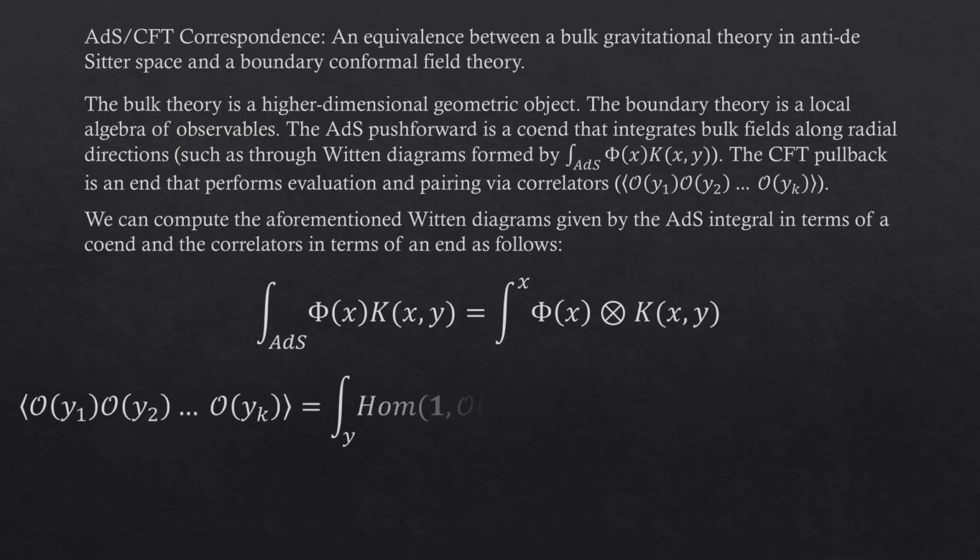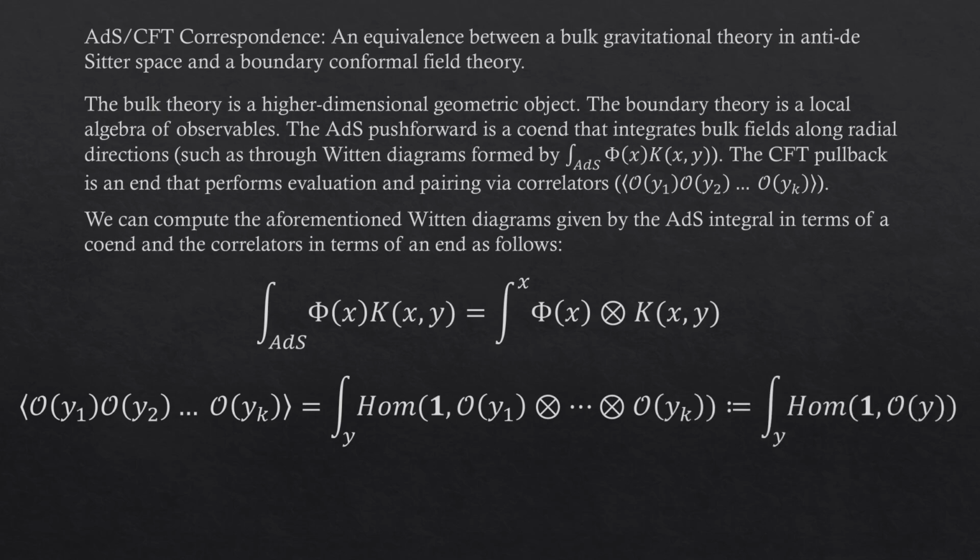And then the k-point function is given by an end, as follows here, as the end in terms of y of the internal Hom object in terms of the vacuum state 1 and the boundary CFT operator acting on our point values y sub 1 all the way up to y sub k, where in an operator sense we use a tensor product between the boundary CFT terms. We define this as the end in terms of y of the Hom object formed by the vacuum with these boundary CFT term collections.